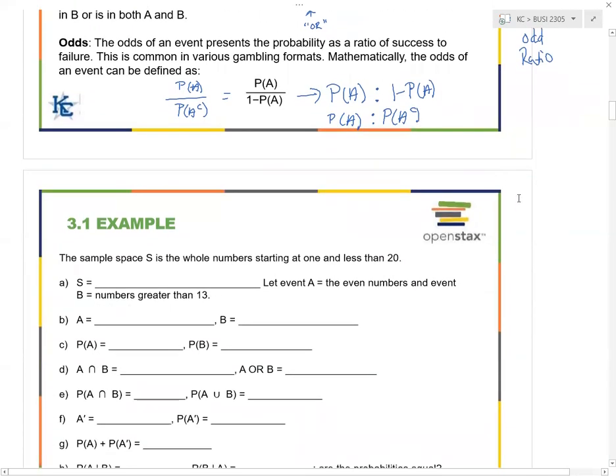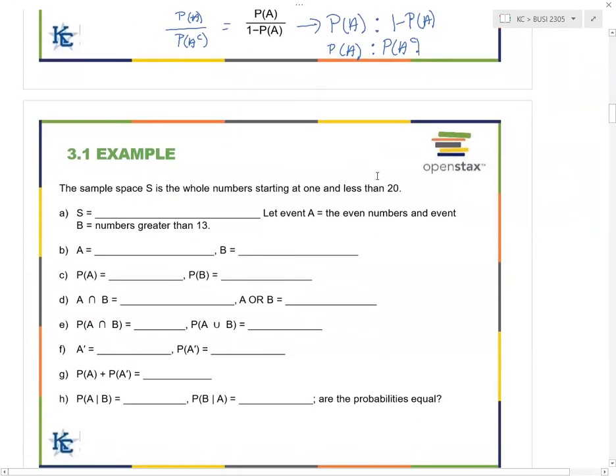So the sample space S is the whole numbers starting at 1 and less than 20. Okay, so this is an example. We're going to answer these questions as we go. We need curly braces to denote a sample space, and we want to start at 1 and count.